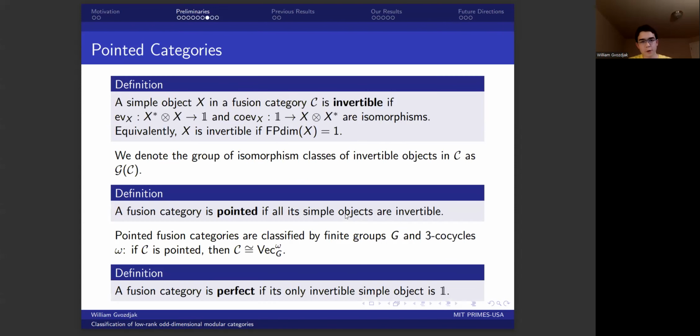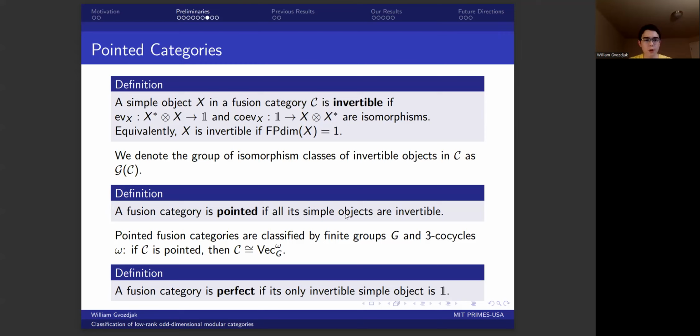Next, I'll define pointed categories, which come up repeatedly inside of our work and in previous classifications. First I'll define invertible objects actually. We say a simple object X inside of our fusion category is invertible if both its evaluation map and its co-evaluation map are isomorphisms.